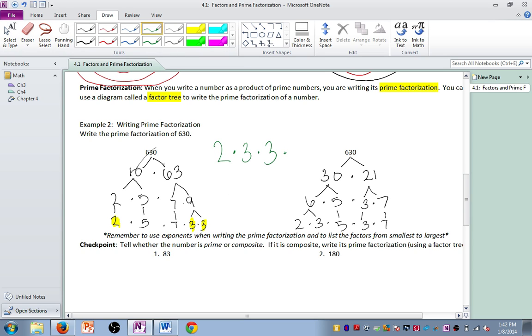Then I move on to my 5 times 7. If I look at my factor tree to the right, I have the same prime numbers. I have 2, I have 3, I have 5, and I have 7. But we're not done here, because when you're writing prime factorization, you want to write it using exponents. So my final prime factorization is 2 times 3 squared times 5 times 7.